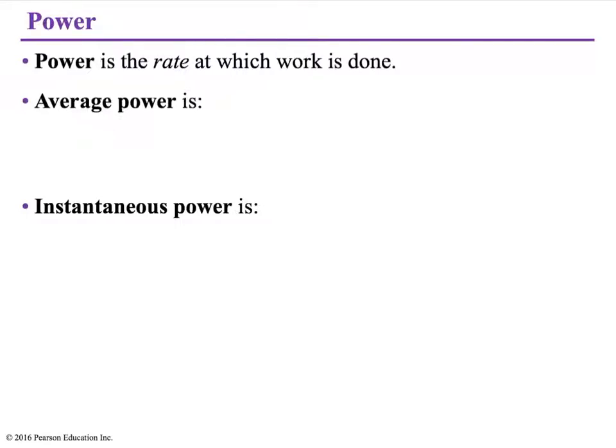So we basically have two definitions of power. We have average power, which really follows the pattern we've had previously in terms of average and instantaneous quantities. So it's just the amount of work done over some change in time. That would be the average power.